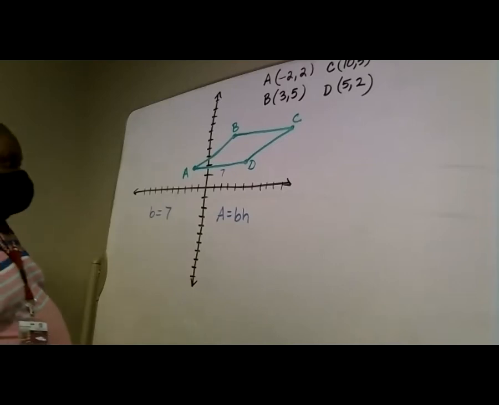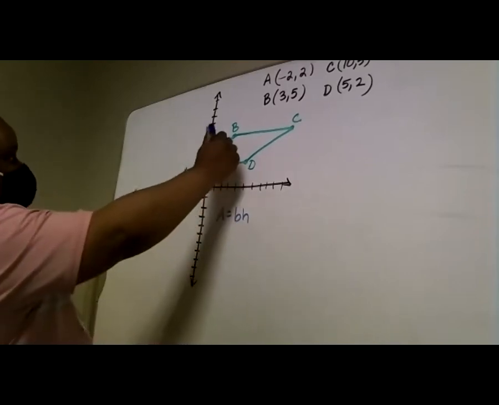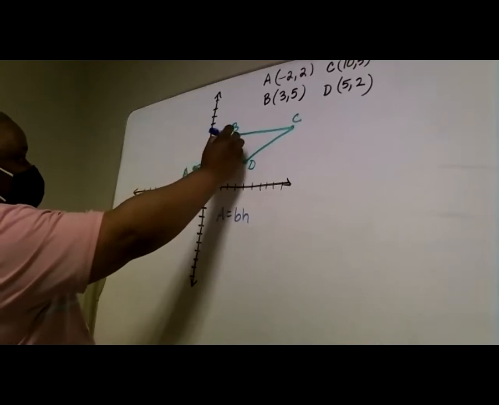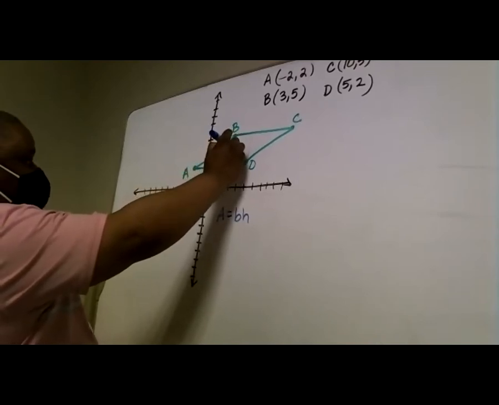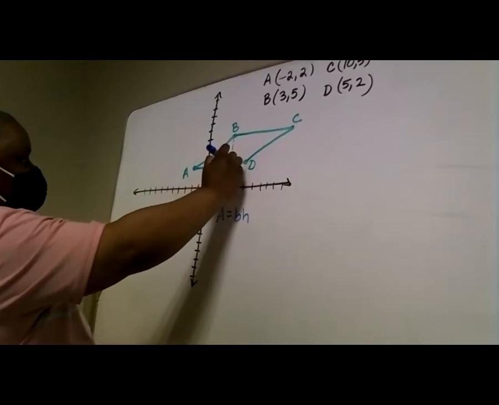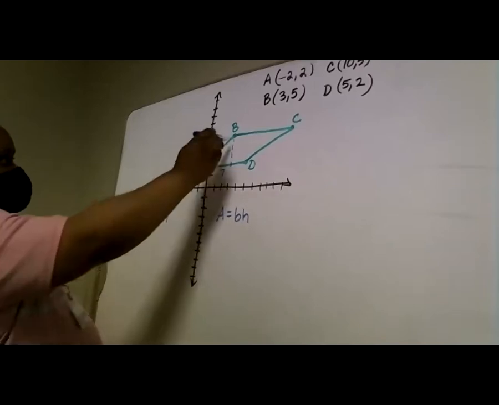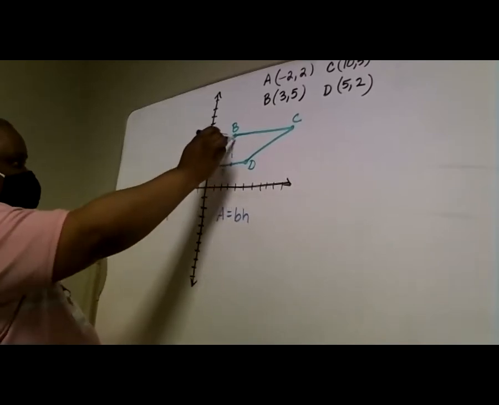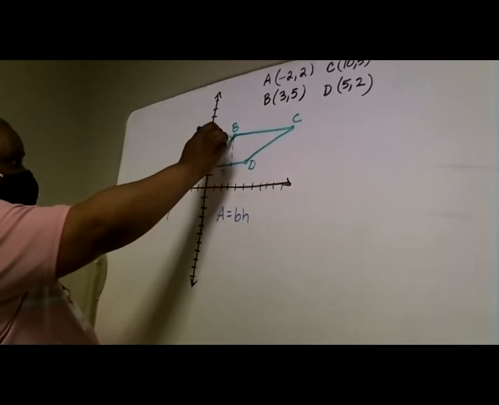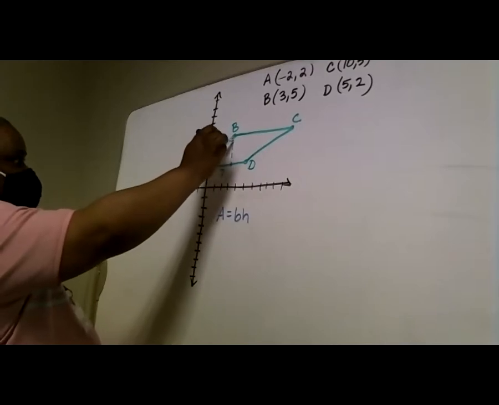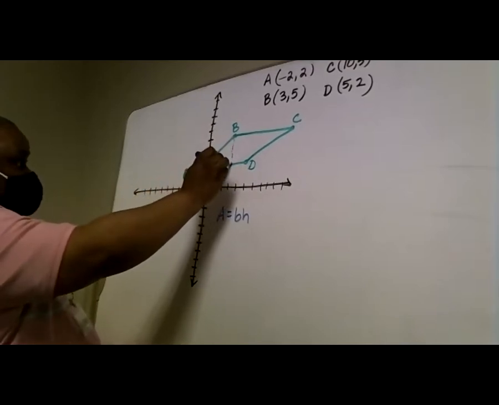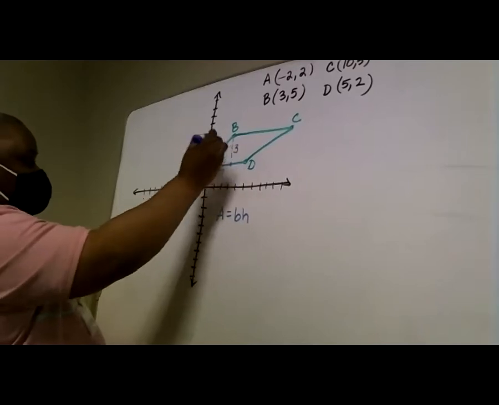All right, the height, if I take point B and draw a height like this to some point on the base, that distance from B to this point on the base, I can just count down, 1, 2, 3. That height is 3.